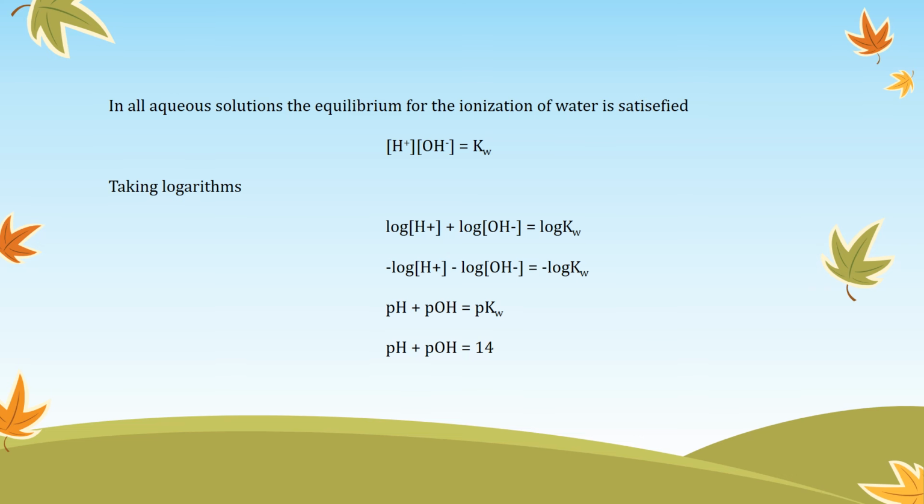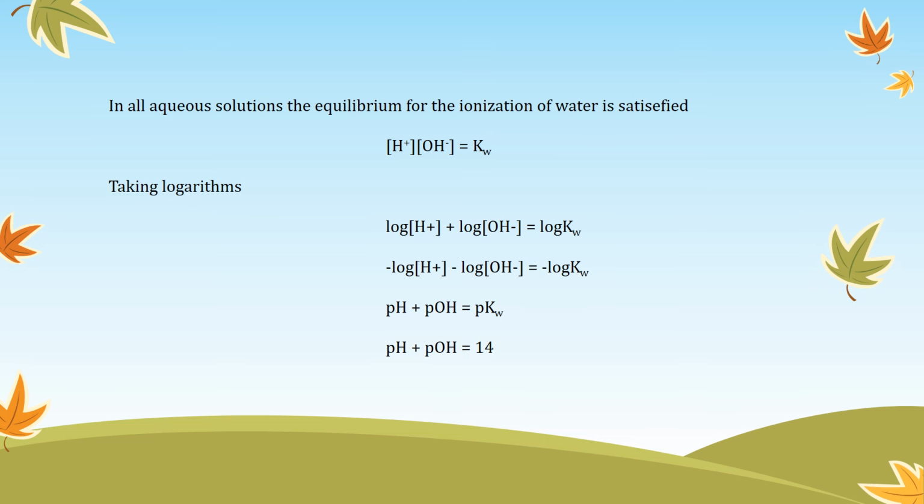So next, what we are going to see is that earlier we saw that the product of hydrogen ion and hydroxyl ion concentration is equal to the specific constant of water. From this we can make another relation, that is pH plus pOH is equal to 14.